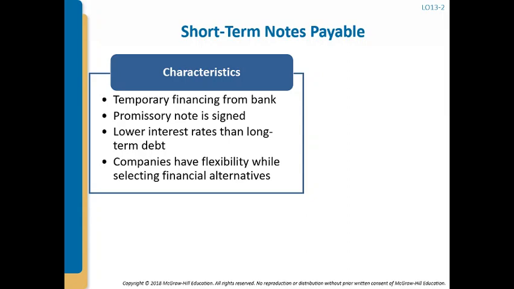All right, let's talk about short-term notes payable. These are temporary financing that the company obtains from a bank. It's almost always formalized through what's called a promissory note that has all the terms of the note.